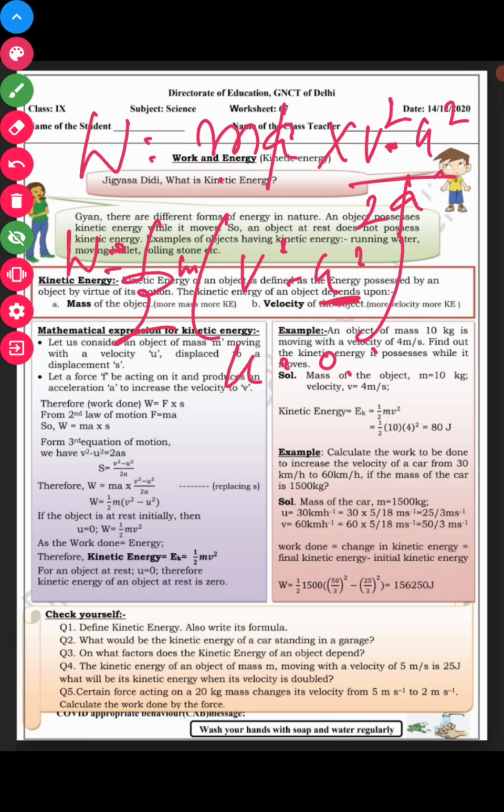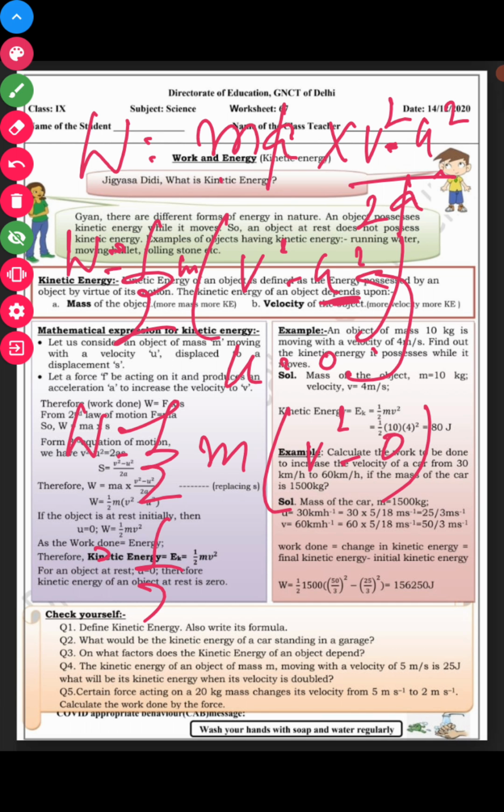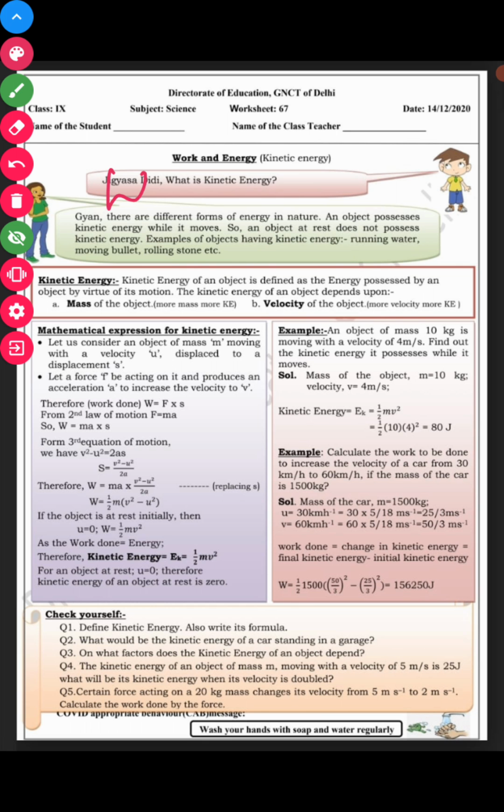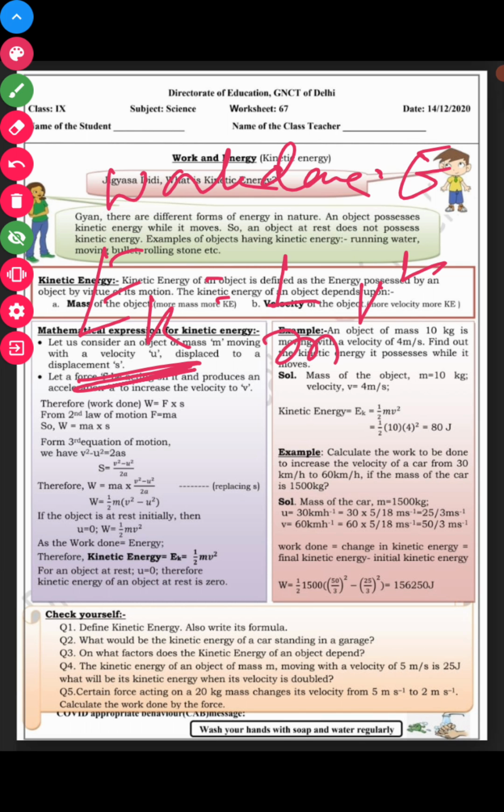If we put the value of u in this equation, we get half m v square minus 0, that is half m v square. So work done in terms of energy, we have kinetic energy written like this: half m v square.